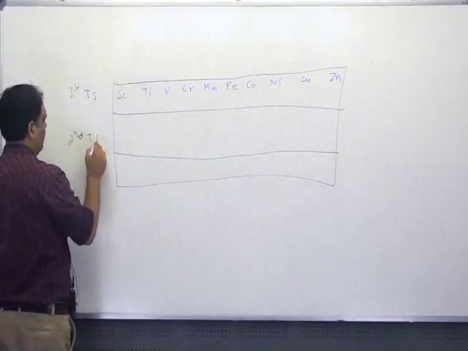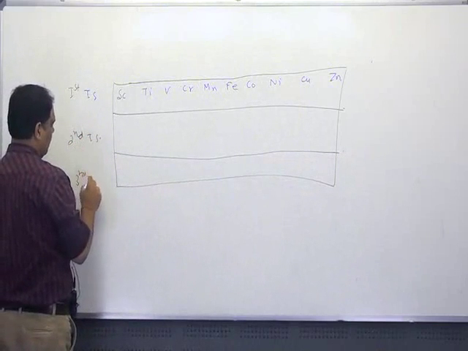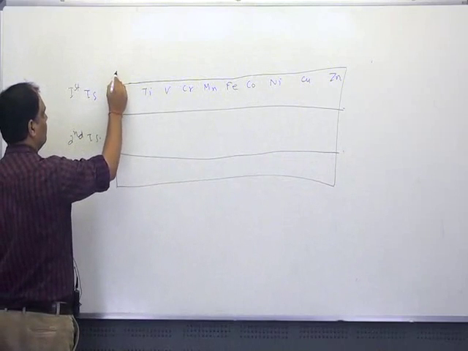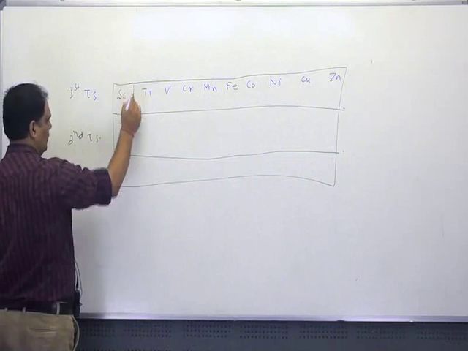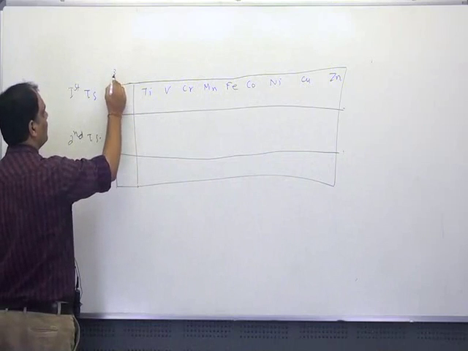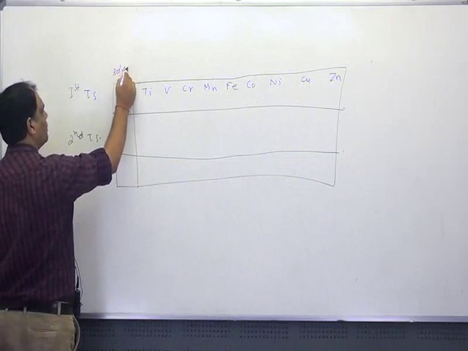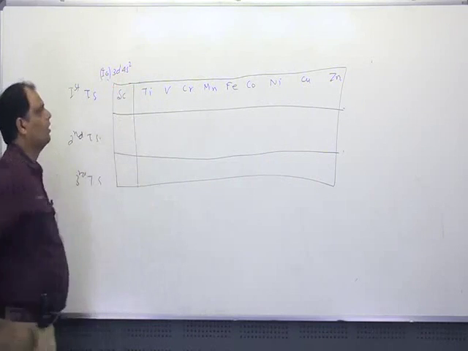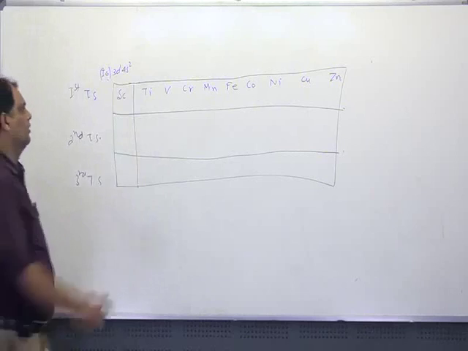We have the second transition series, then the third transition series. Now the general configuration: this one is 3d1, 4s2. The inert gas core, like argon, is common in every case.